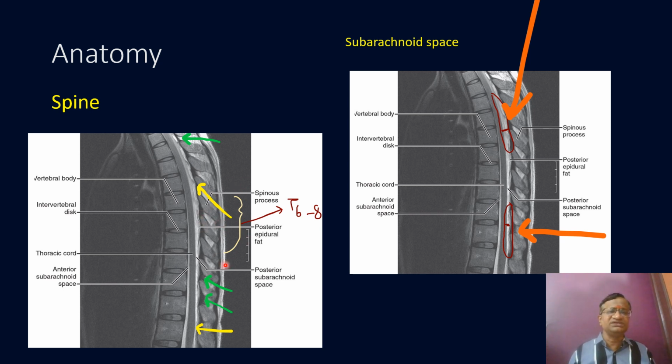This is T6 to T8, or some people call it T5, T6, T7. Here, if you go to the subarachnoid space, it is wider here, and the posterior subarachnoid space is smaller here. That is what I want to tell as combating the first concern of thoracic segmental spinal anesthesia.